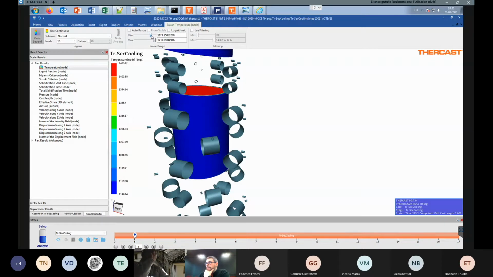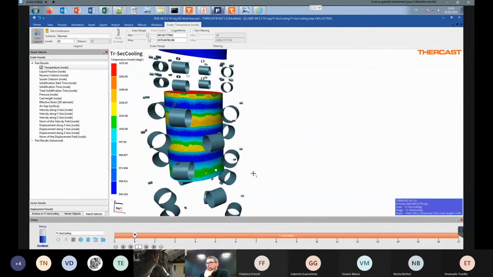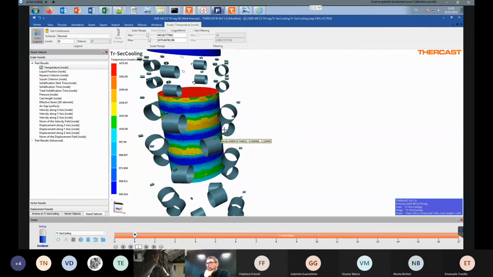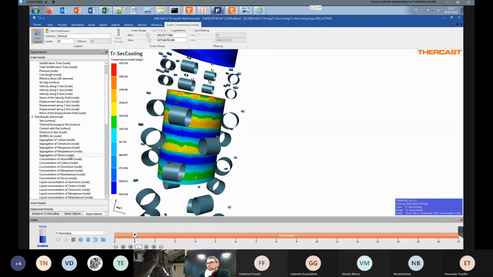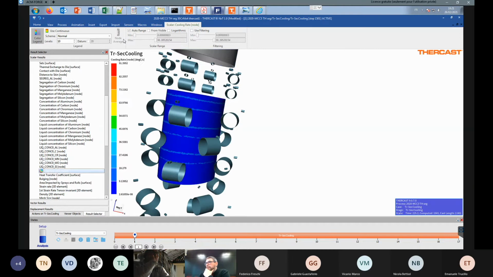You see here that you take into account the cooling due to the rolls and also to the sprays. We can maybe plot the cooling rate. It could be easier to see.